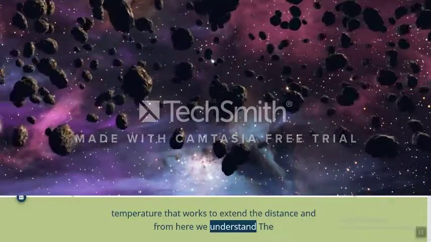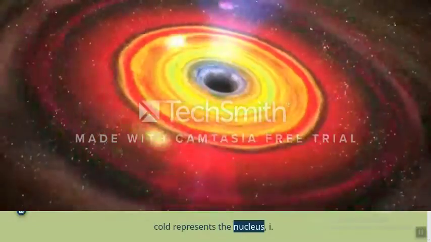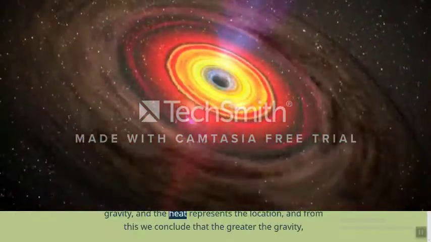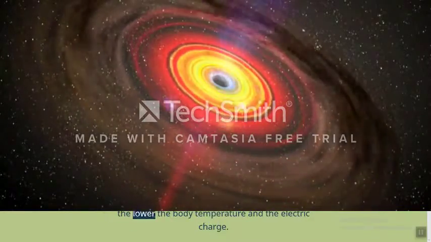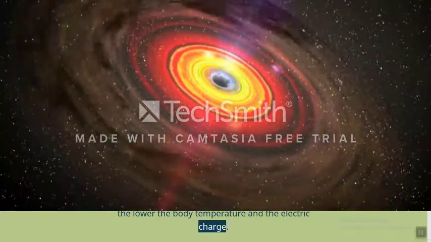And from here we understand the cold represents the nucleus, that is gravity, and the heat represents the location, and from this we conclude that the greater the gravity, the lower the body temperature and the electric charge.